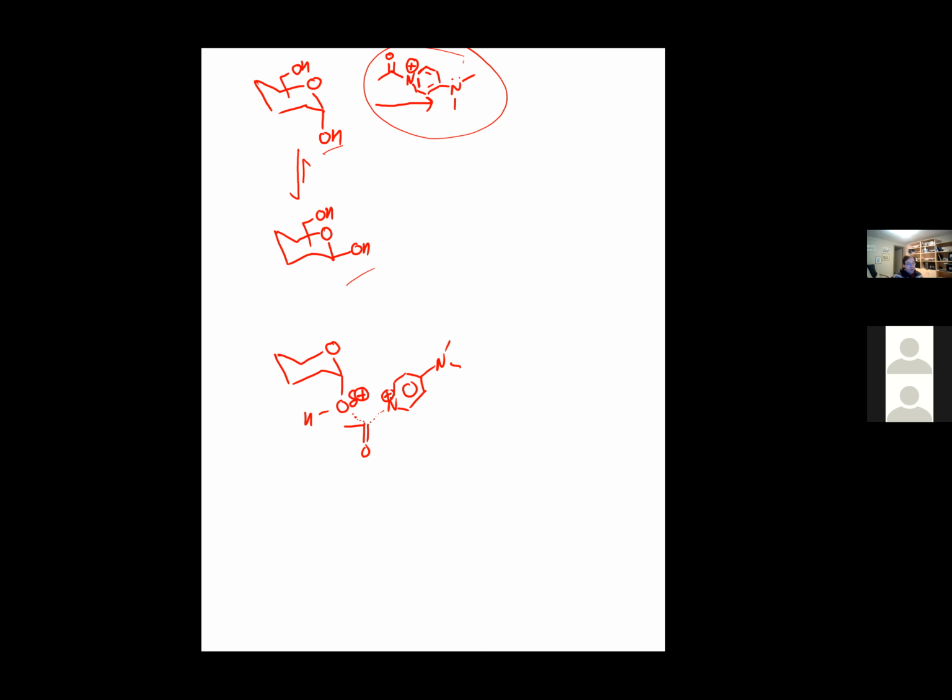And we're definitely building a delta plus on there, right? Because we're using our electrons. We haven't lost any electrons. We're using our lone pair to make that bond. And as that delta plus gets stronger, the anomeric effect gets stronger.